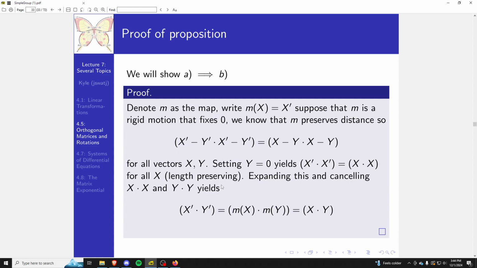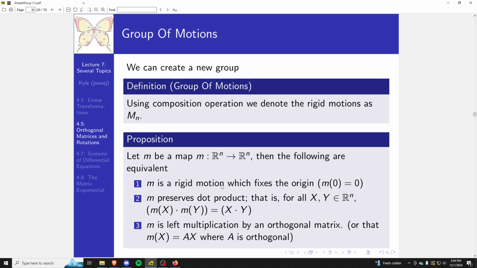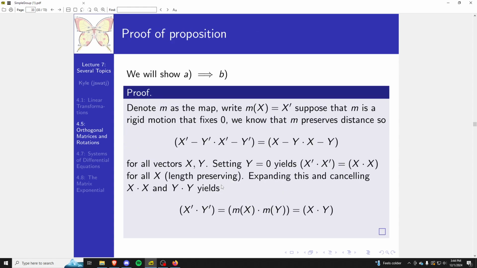And so we'll prove the previous proposition, which is this one right here, using a chain of implications. If we denote M as a map and write M of x equal to x prime, and M is a rigid motion that fixes 0, we know that M preserves distance.